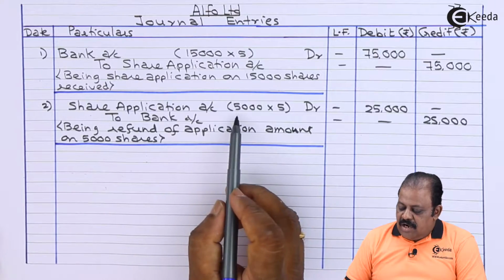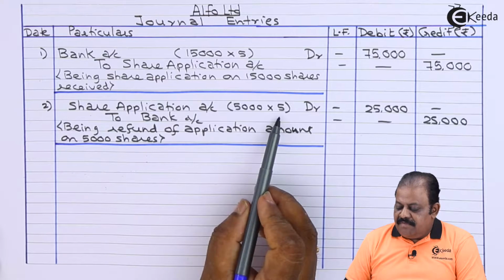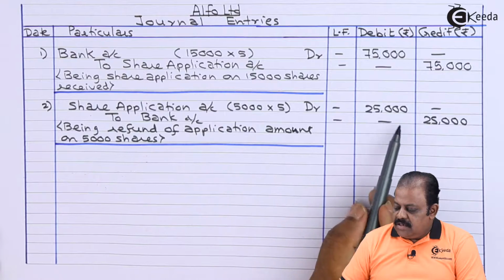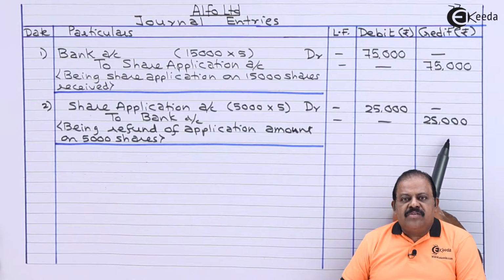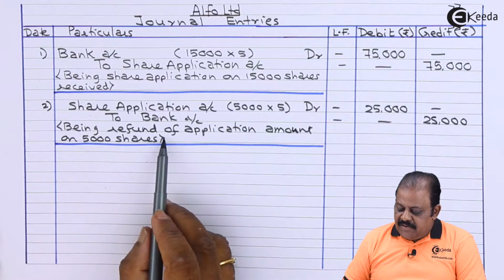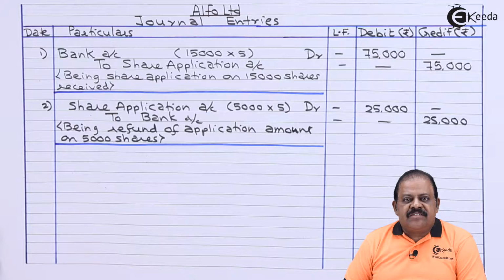Share application account debit, 5,000 shares rejected, 5 rupees per share, 25,000. To bank account 25,000, being refund of application amount on 5,000 shares.